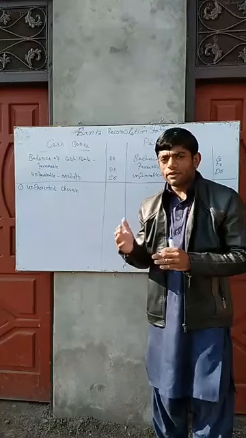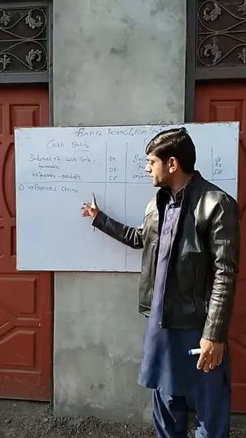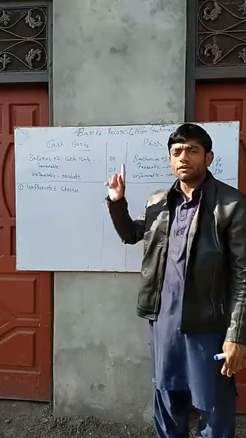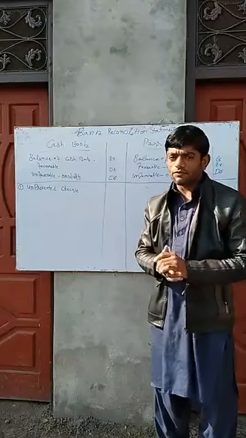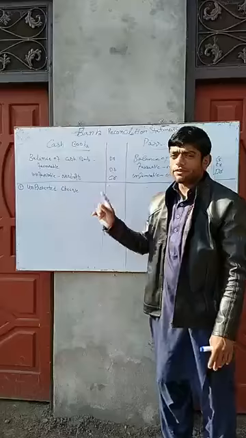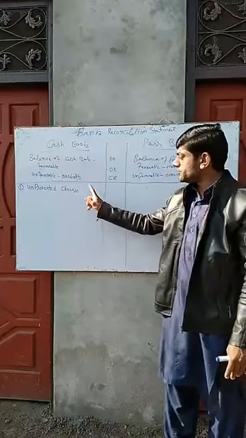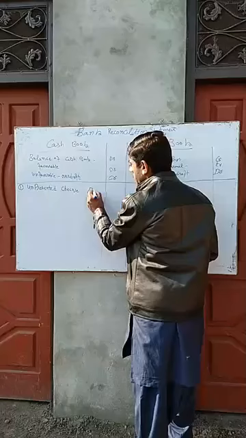So these checks are not debited in the passbook. In cash book they are credited but in passbook they are not debited. So these checks make a difference between cash book and passbook. The nature of unpresented checks is debit. These checks should be debited, so it is always a debit balance.